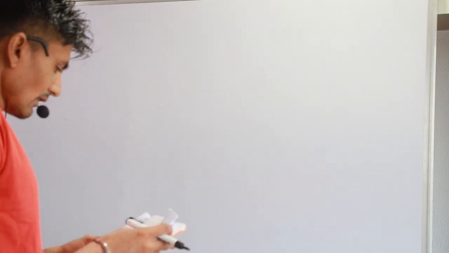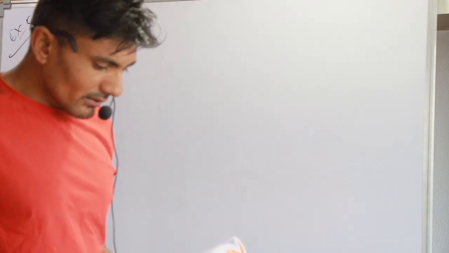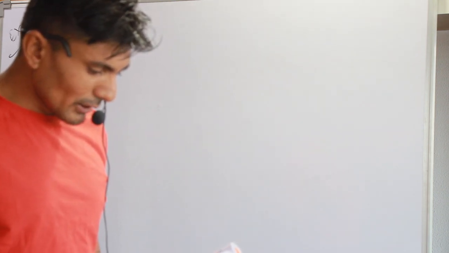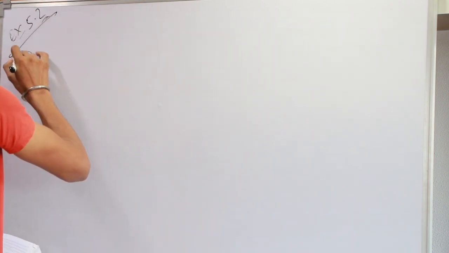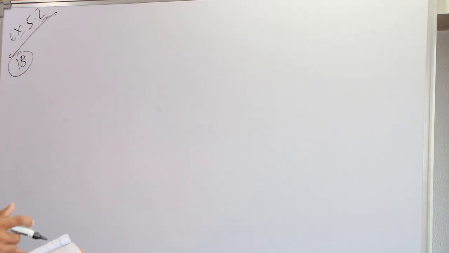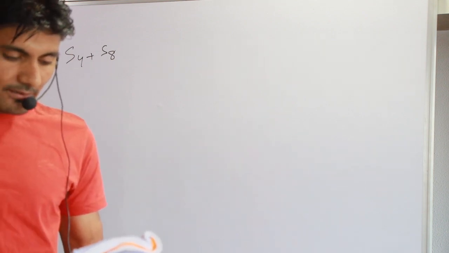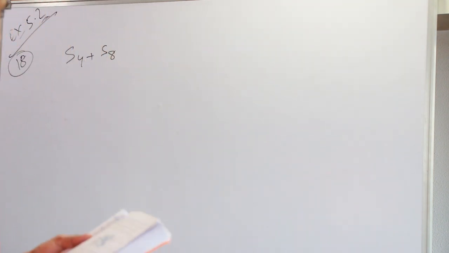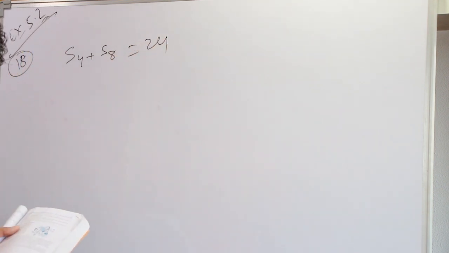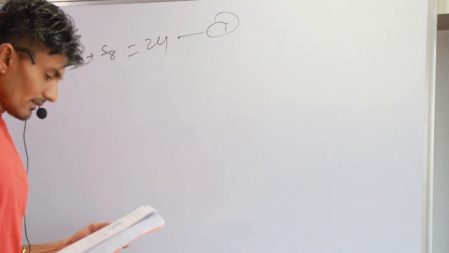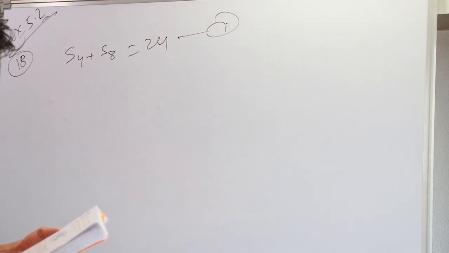The sum of the 4th and the 8th term of an AP is 24 and the sum of the 6th and the 10th term of an AP is 44. Find the first three terms of the AP. That means we have S4 and S8. The sum of them equals 24. So according to the question, S4 plus S8 is 24, that is equation number 1.